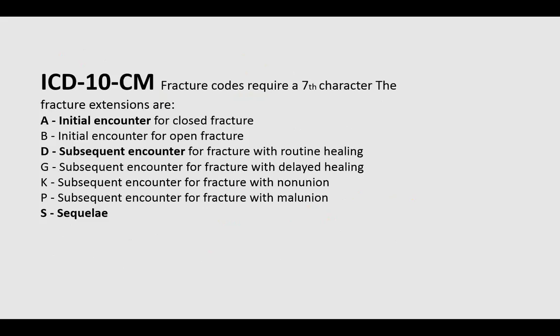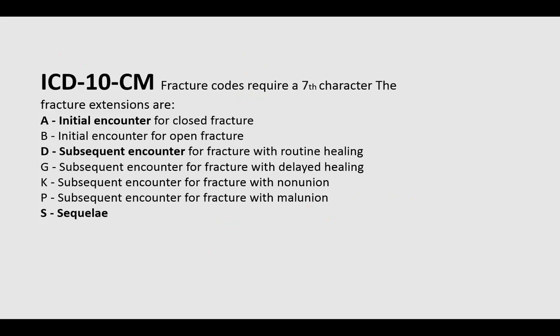A fracture code, or generally any trauma code, requires also the specificity associated with whether or not this is an initial encounter, a subsequent encounter, and are these fractures healing routinely or delayed or in a non-union or malunion. There's specific codes for these. And then lastly, are they a sequela?